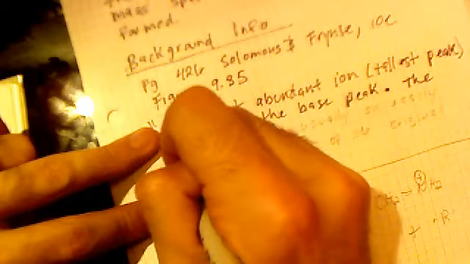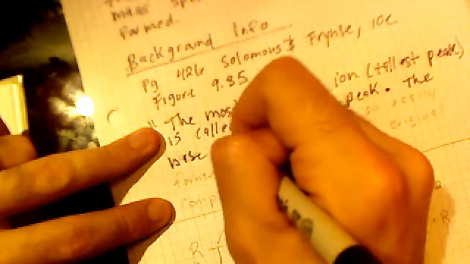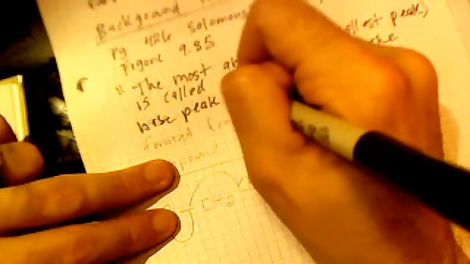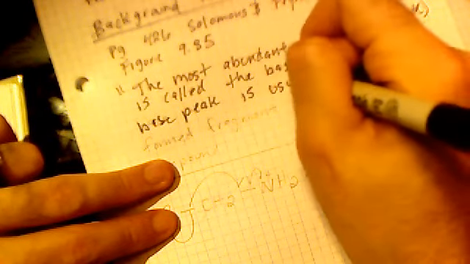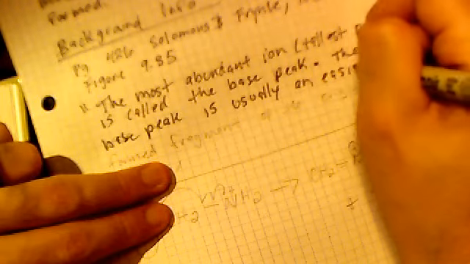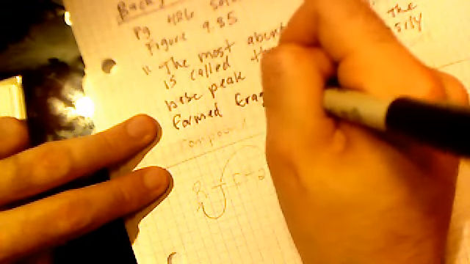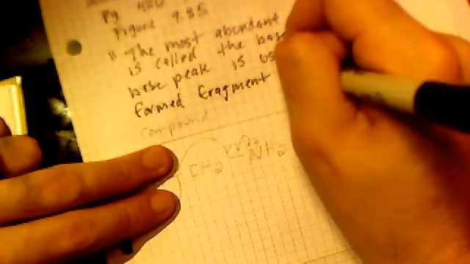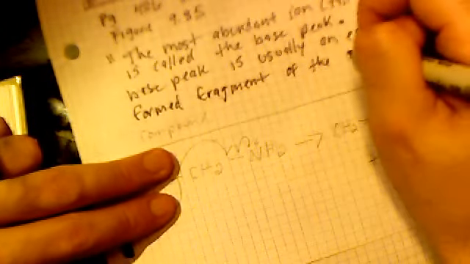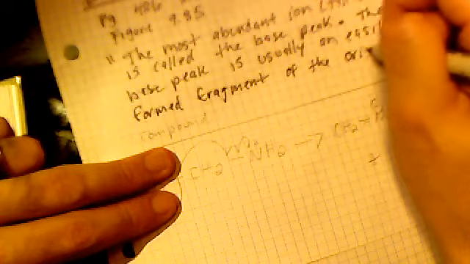The base peak is usually an easily formed fragment of the original compound.